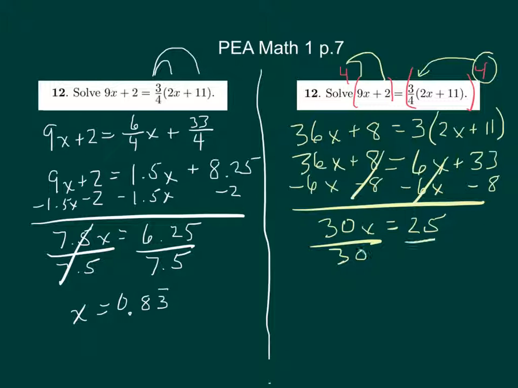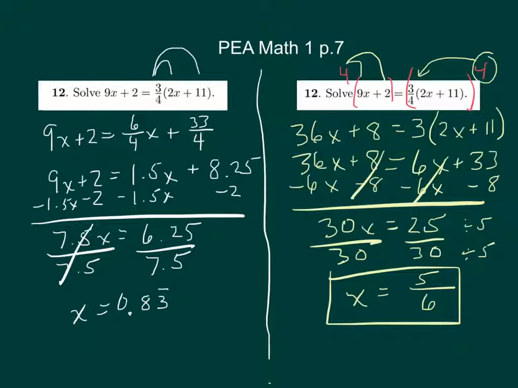Divide by 30. So x equals 25/30ths, which simplifies to, divide by 5, 5/6, which is the same as the 0.83 repeating.